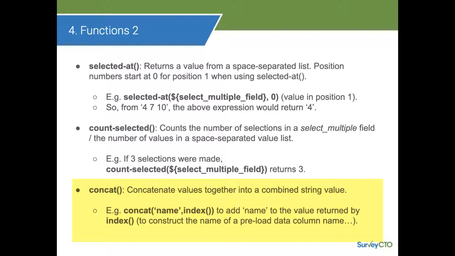So this would, in the first instance, produce the column name name1 and the column name name2 in the second instance, and so on. So in this way, we'll be able to use pull data to pass through the selections in the old list and return those name values from attached preload data.